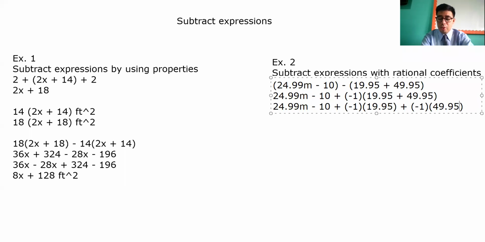Okay, but we forgot something important, and is that the 19.95 is including the variable m. This is related with the variable m.